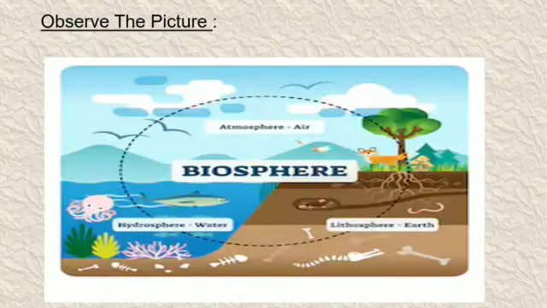So let's start. Observe the picture given. We have already learned in our first chapter that all things on earth are associated with air, water and land, that is atmosphere, hydrosphere and lithosphere. These living things and a part of atmosphere, hydrosphere and lithosphere together are called biosphere.